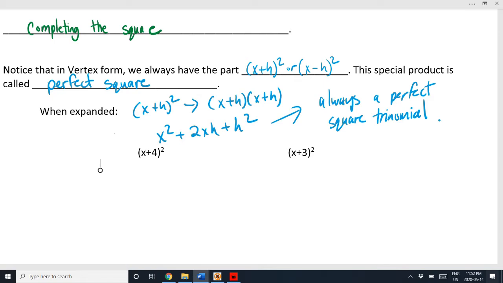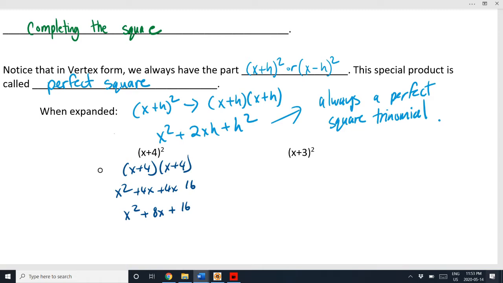Okay, so let's try to solve this. We know x plus 4 squared just means x plus 4 times x plus 4. And so let's go ahead and FOIL this. So we get x times x, which is x squared. We're going to get 4x plus 4x, and then 4 times 4 is 16. Now let's simplify that. We're going to get x squared plus 8x plus 16.